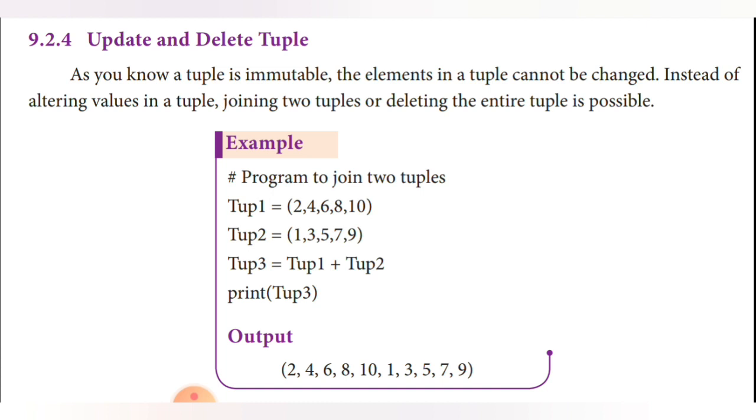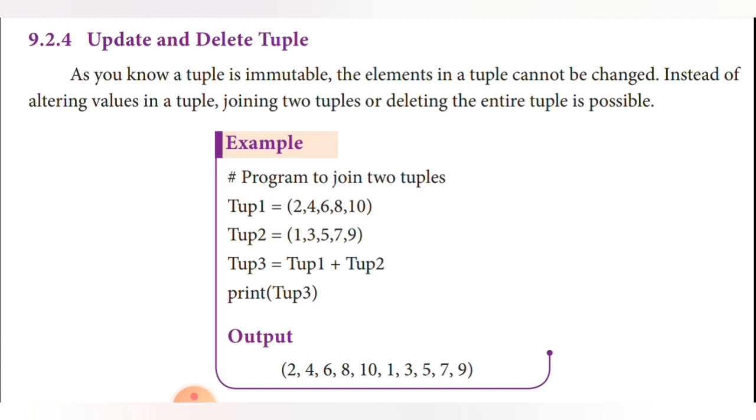Now we are going to join these two tuples and form a new tuple, tup3. So tup3 is equal to tup1 plus tup2. Here tup is a short form of tuple variable. We are using the addition operator, that is the plus operator, to join two tuples.